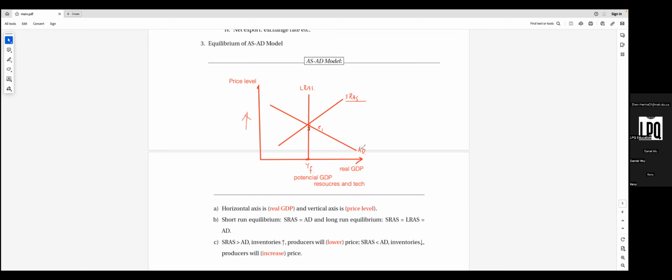But in macroeconomics, we no longer need to tell the difference of what kind of thing we are producing. As long as the goods and services are produced within Canada, we already include everything in this model. So we call this the aggregate supply and aggregate demand model.